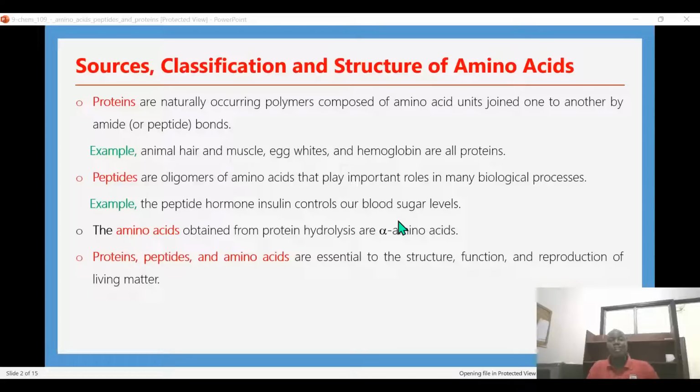But now the question is, why only reproduction? The idea is not actually about reproduction. Proteins, peptides, and amino acids are responsible for every physiological process taking place in the body. It is not only physiological processes, but even functional processes and the anatomical structure of living organisms.